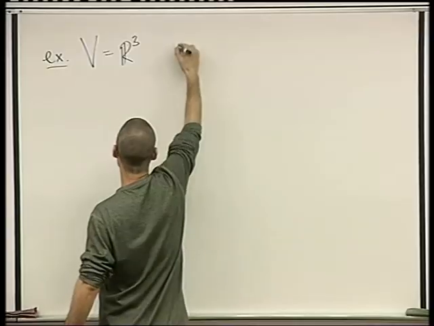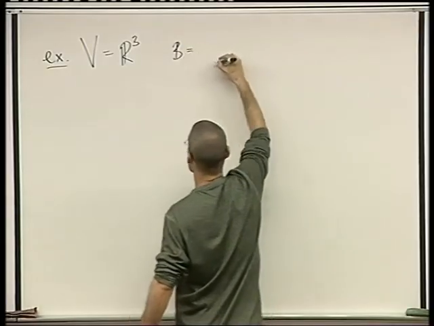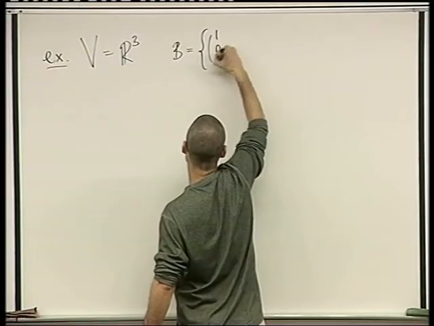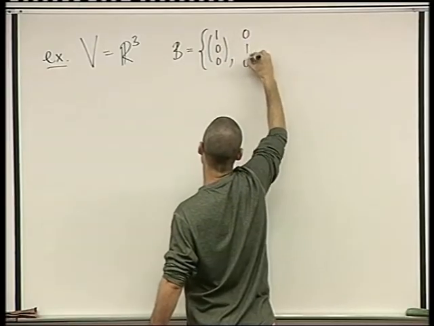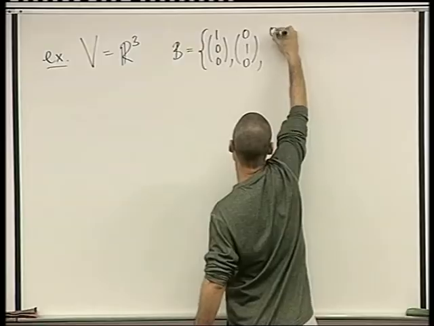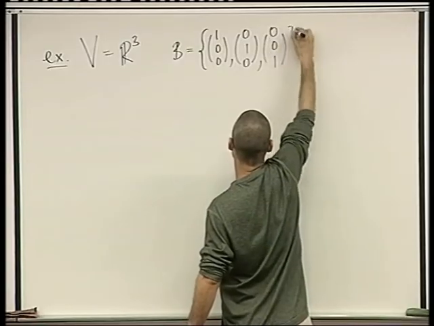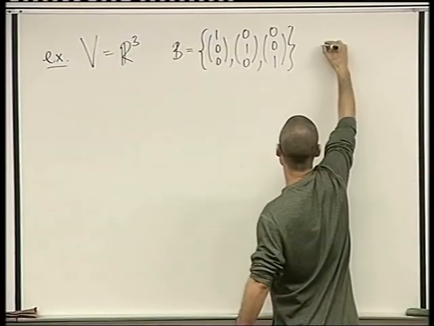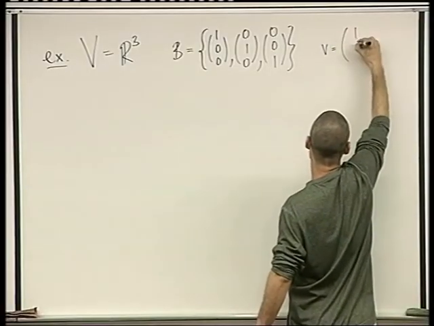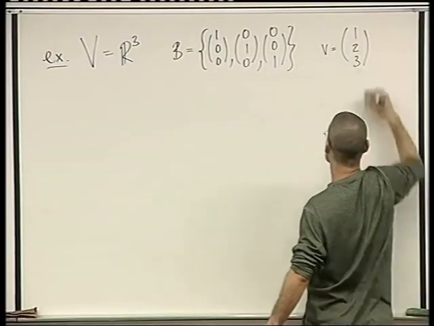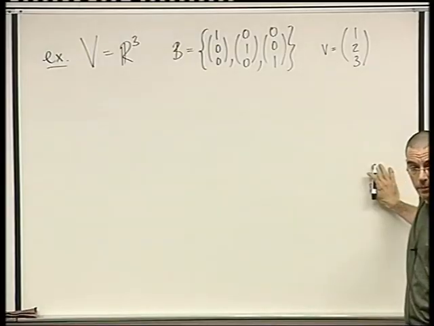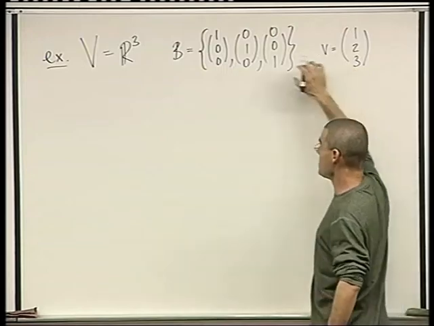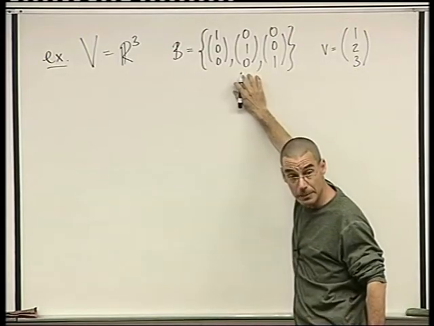And B is going to be the standard basis: (1, 0, 0), (0, 1, 0), and (0, 0, 1). Good? And little v is going to be the vector (1, 2, 3). Okay? So what are the coordinates of v with respect to this basis B?